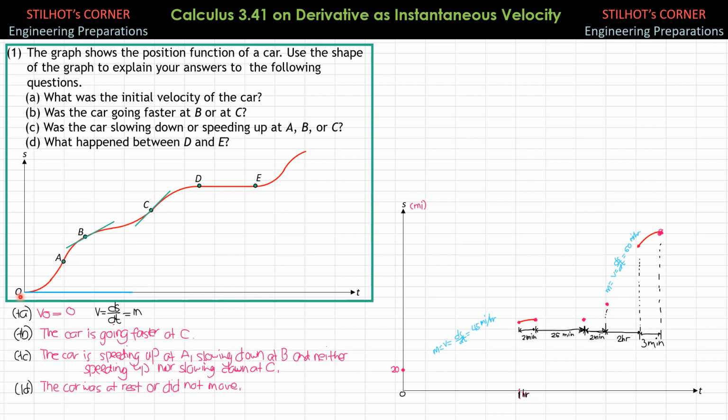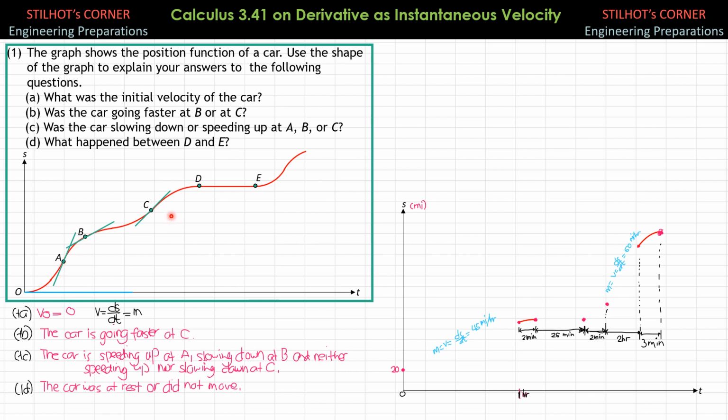From the start up to A, it is speeding up, that's why the car is speeding up at A. Then at B, it slows down because comparing the tangent at A and at B, the slope of the tangent at B is lesser.